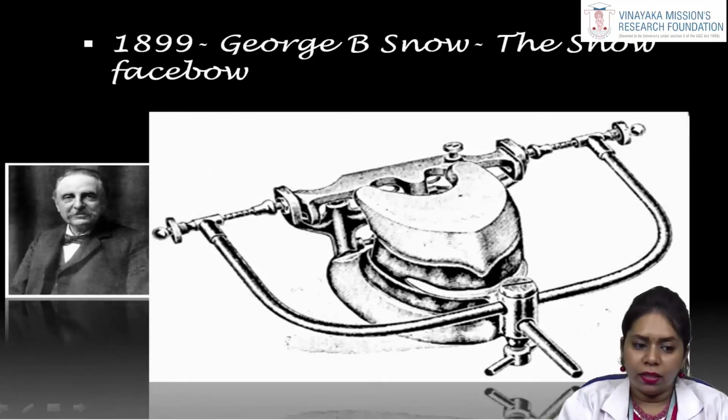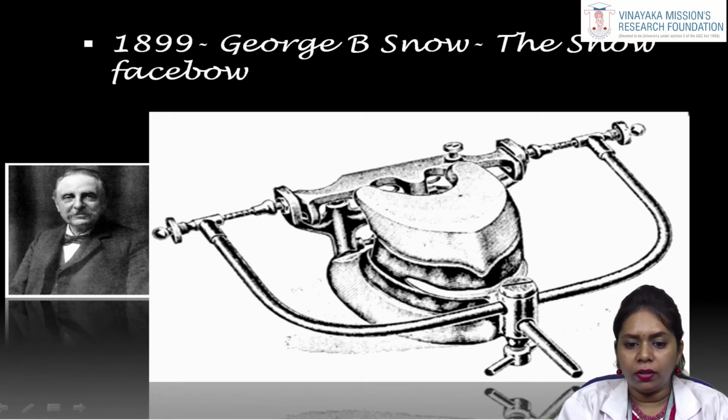In 1899, George B. Snow introduced the first instrument and technique for recording the anatomical relationship of the maxilla to the condylar axis and transferring this relationship to the articulator. Snow's new innovations were the facebow fork for identifying the anatomical position of the maxilla to the condyle, and secondly, the application of the ala tragus line for establishing the orientation of the occlusal plane.